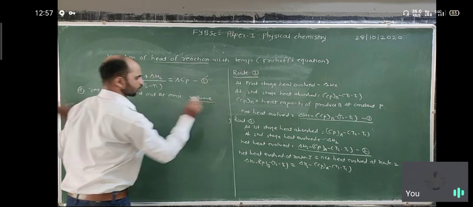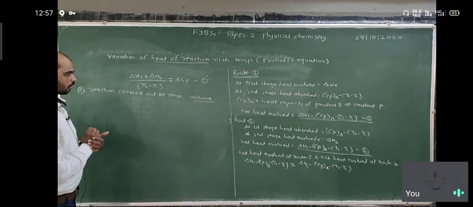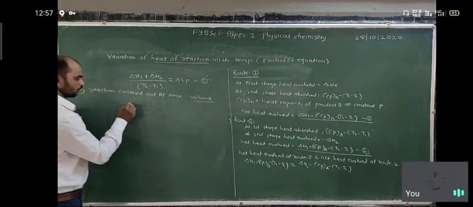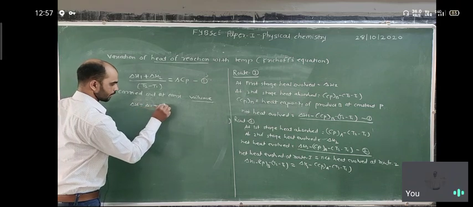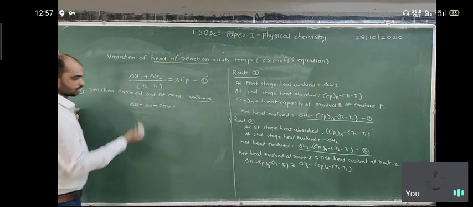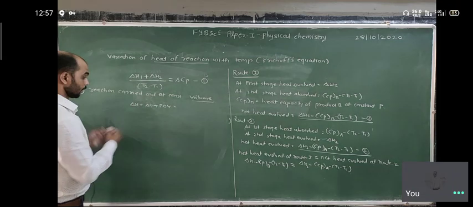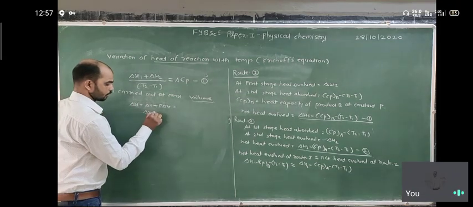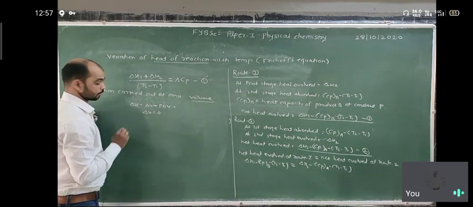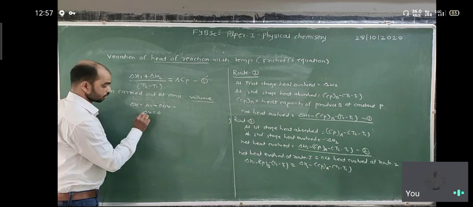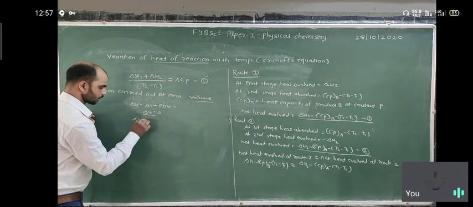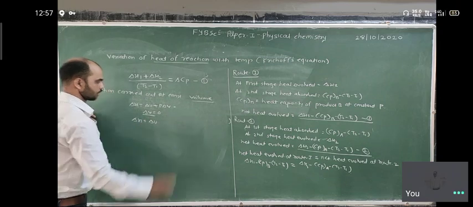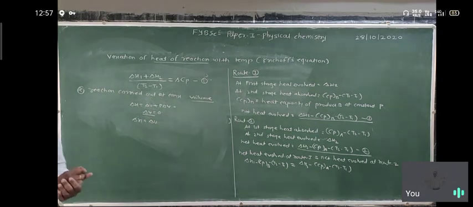If volume is kept constant, so again you already know, delta H is equal to delta U plus P delta V is the thermodynamic equation, but here delta V is equal to 0 because the volume is constant, change in volume is 0, that means just delta H is equal to delta U.